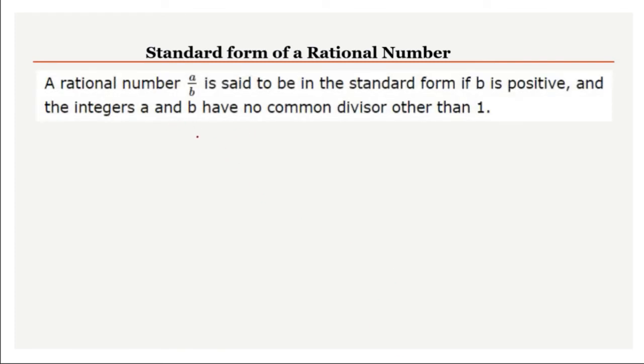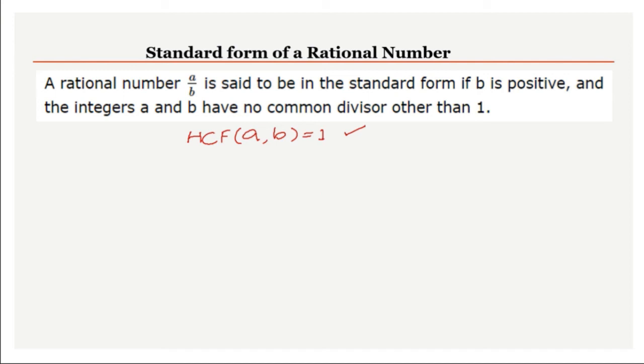The same thing I'll tell in a simpler way. The highest common factor of the numerator and the denominator has to be 1, then we say that the given rational number a by b is in standard form.